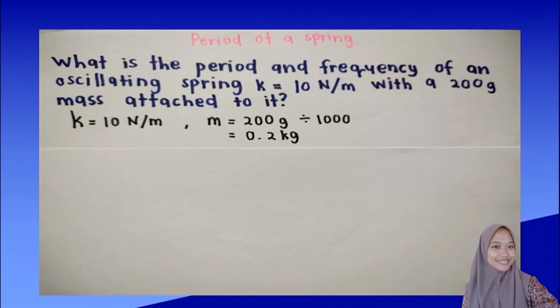So seterusnya kita akan masukkan dalam formula period of the spring, iaitu T sama dengan 2 pi punca kuasa M over K. So mass ni kita dah tukarkan kepada kg, so kita masukkanlah dalam formula. So dapatlah T dia equal to 0.89 second.